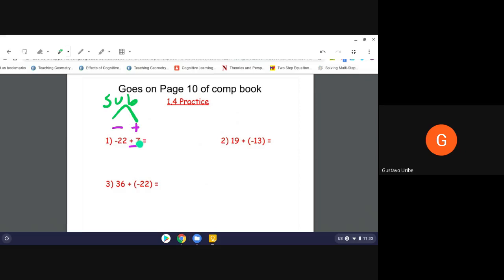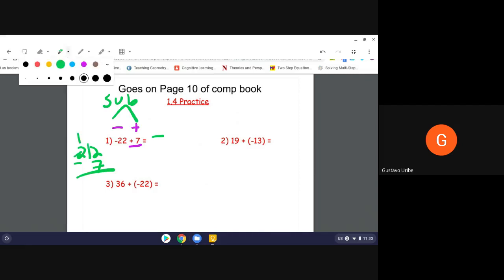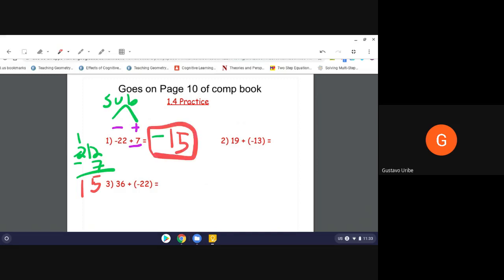So the bigger number is 22, and 22 is a negative, so that means my answer has to be a negative. Well, now let's just do 22 minus 7. Carry the 1. 12 minus 7 is 5. And bring the 1 down, so negative 15 is your answer for number 1.